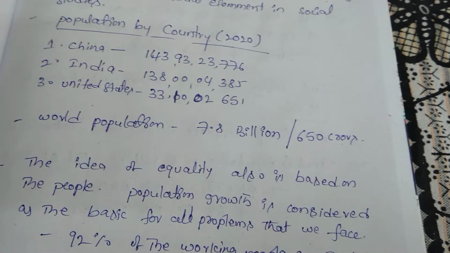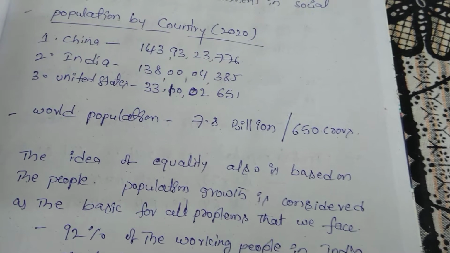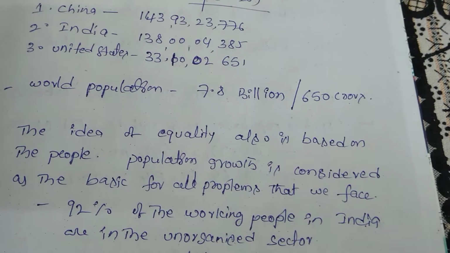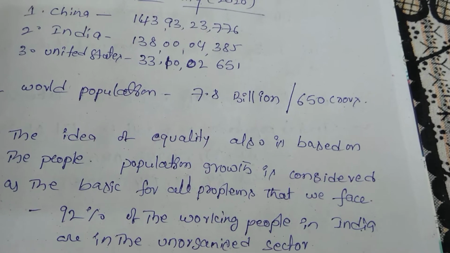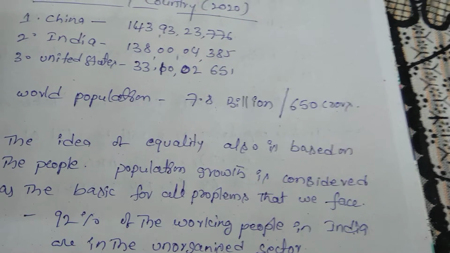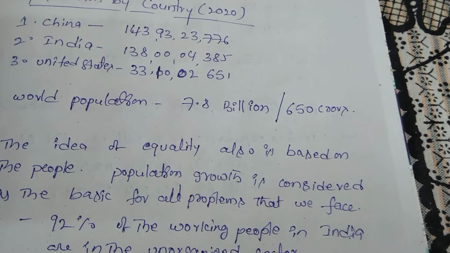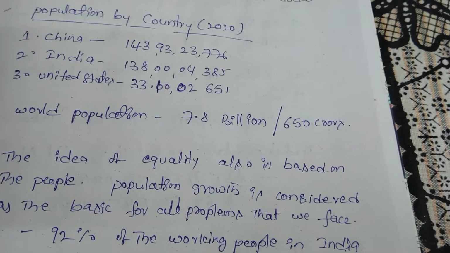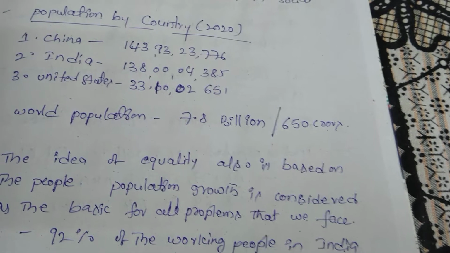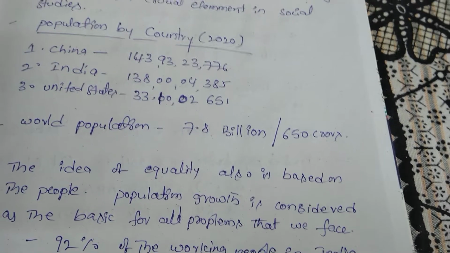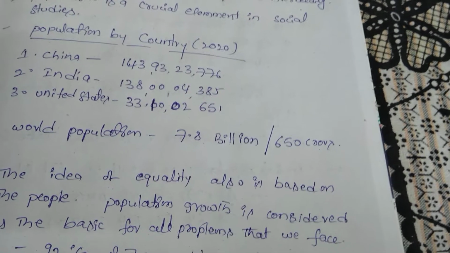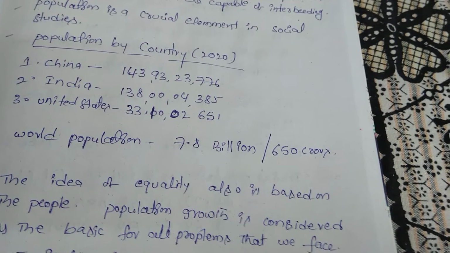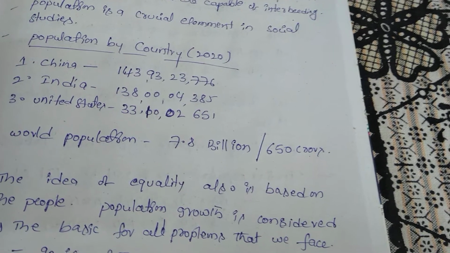Population growth is considered as the basis for all problems that we face. So all are blaming that the population of India is more, that's why people are not getting proper jobs, proper opportunities, even they are not getting minimum facilities because of population. So these all basic problems are based on the population growth.